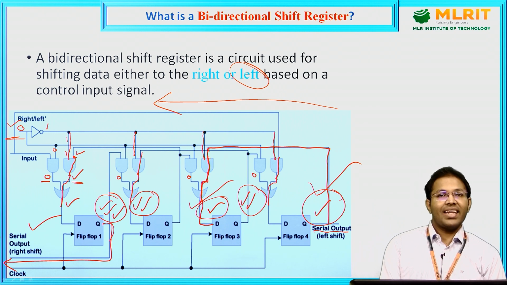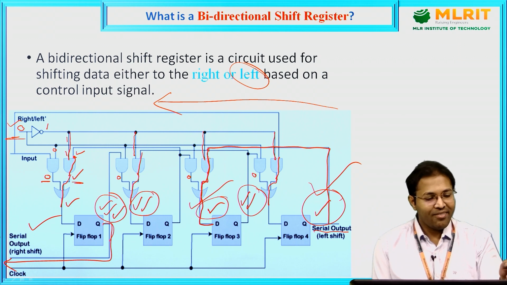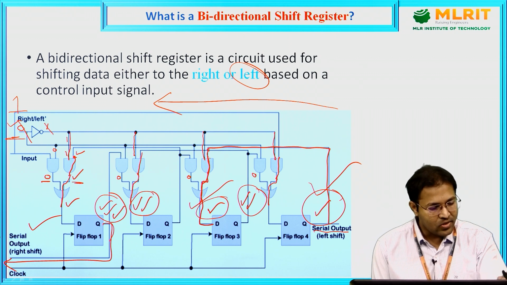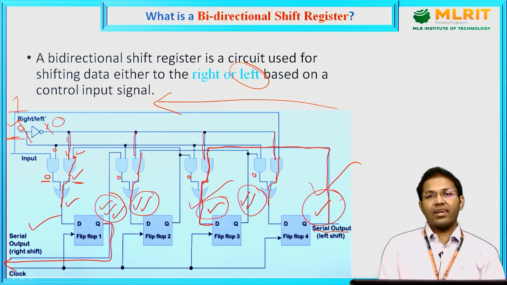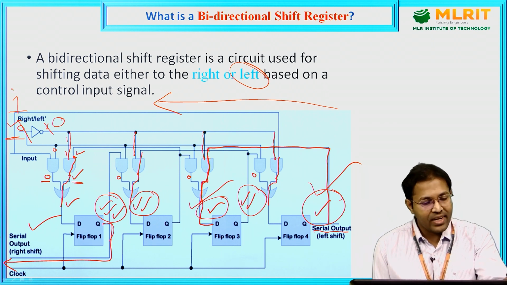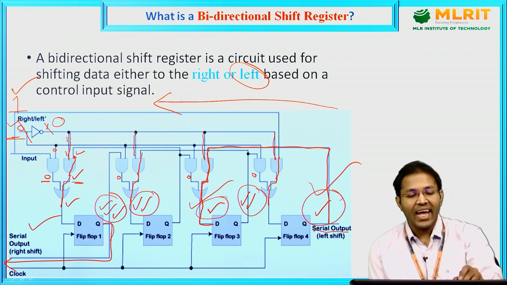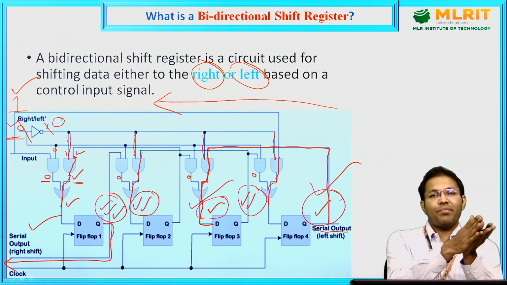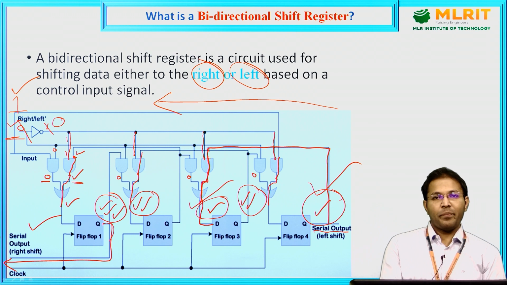Now, by similar analysis we can conclude that when we give a 1 here in place of 0, this becomes 0, since the output of a NOT gate is always the complement of its input. So when we give a 1 here, it will act as a right shift.